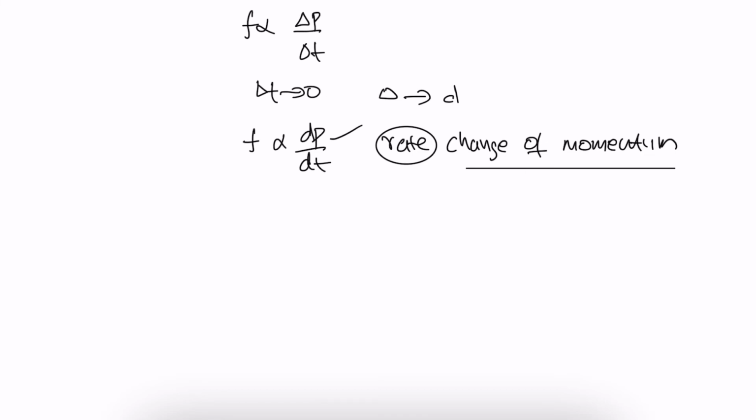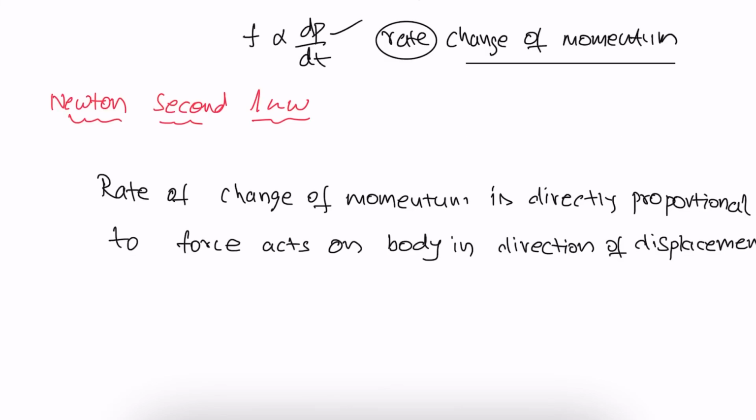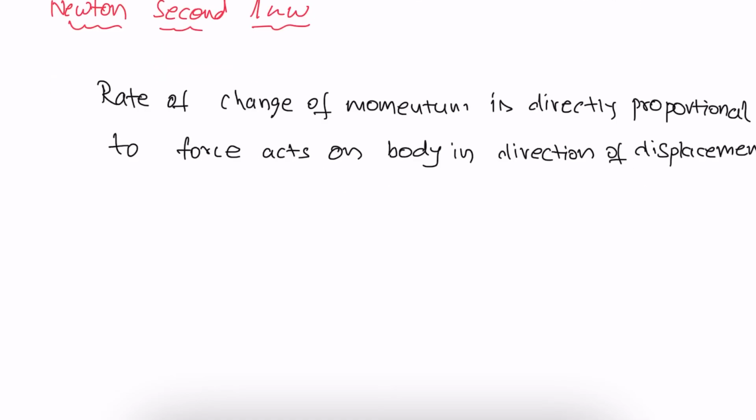So the statement of Newton's second law is: rate of change of momentum is directly proportional to the force acting on the body, in the direction of displacement. Derive Newton's second law, that is the long answer.